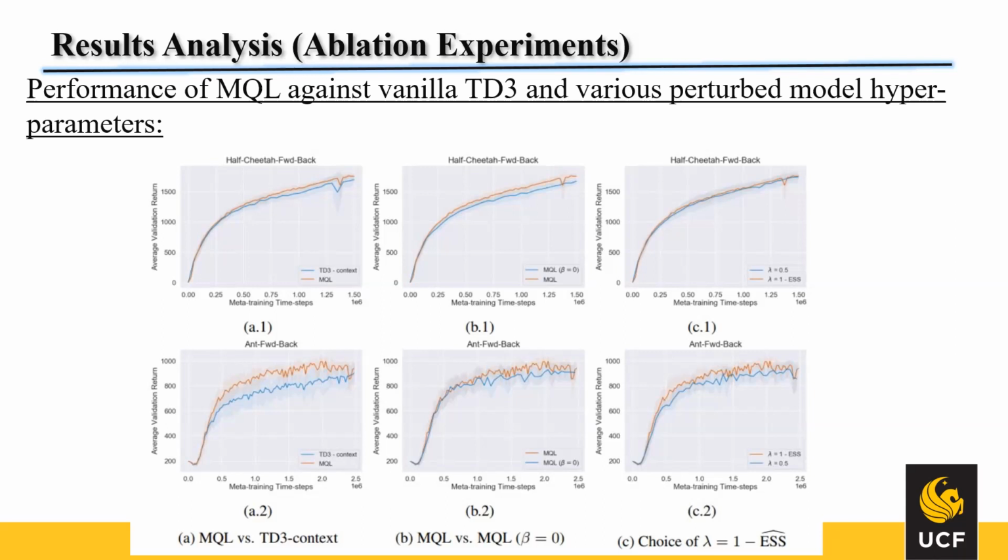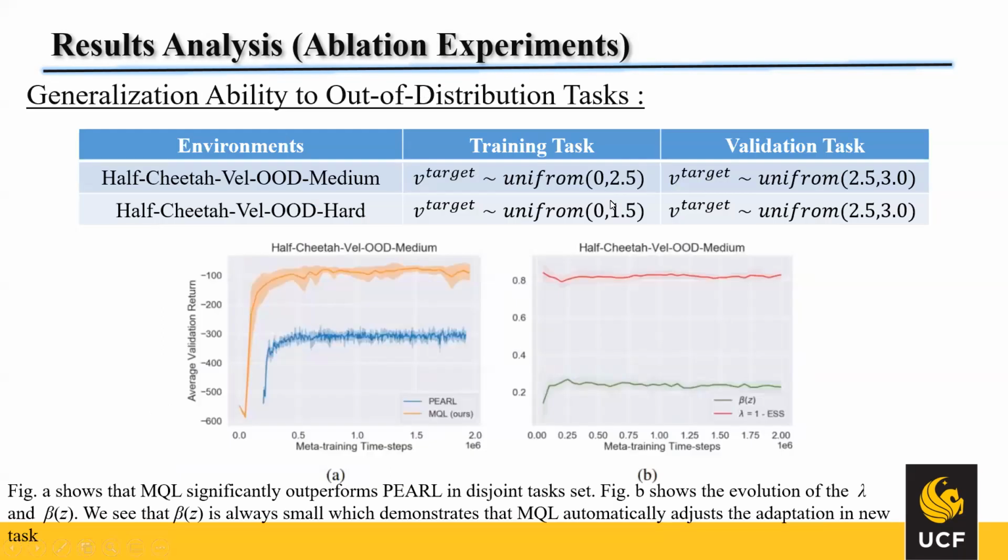Then when we consider the propensity parameter beta, MQL adapts well with adaptive beta, and the same result happens for gamma. So MQL adapts pretty nicely with adaptive beta and gamma. If we go to the next slide.